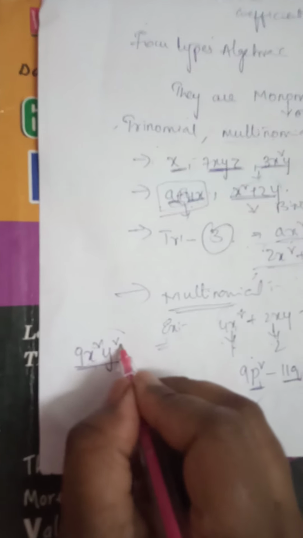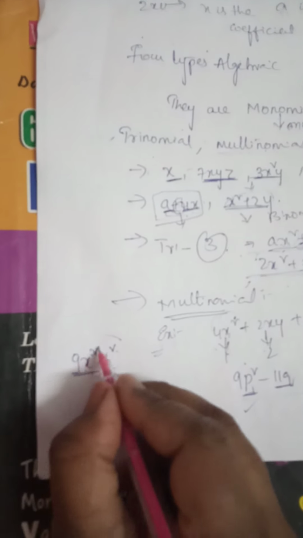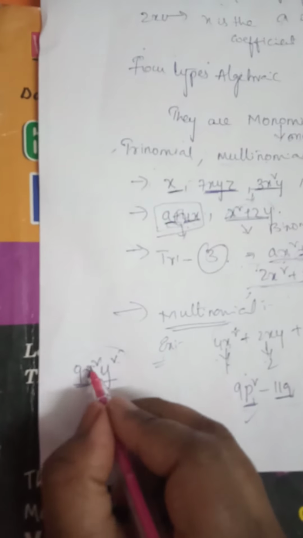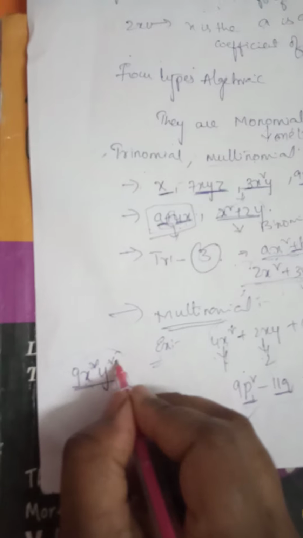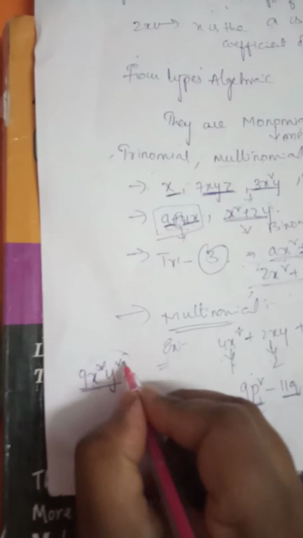What are the powers they have given? x square and also y square. Here the powers are 2. These two powers we are going to add, the sum of the exponents. Sum means addition. Here we are going to add these two exponents of the variables.